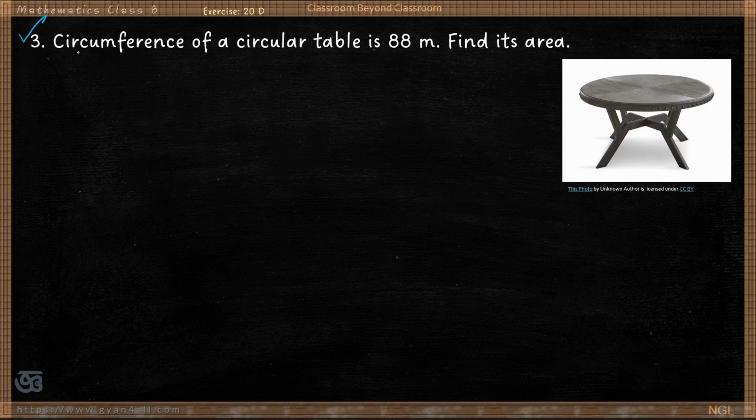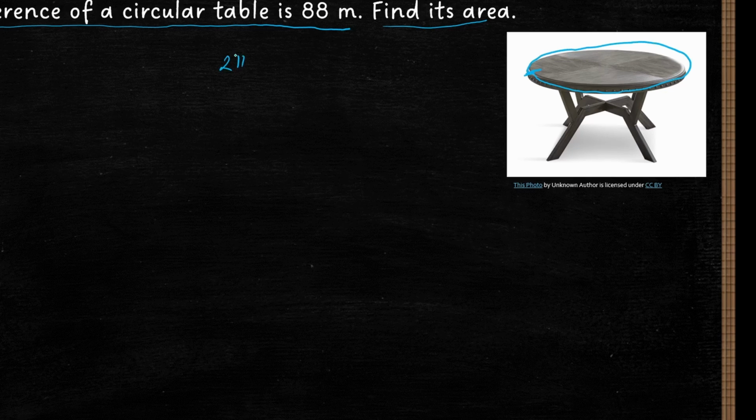Question number 3. The circumference of a circular table is 88 meter. Find the area. So this is the circular table, and if you go around the boundary of the table, that is the circumference. So twice pi r, where r is the radius of the circle, is equal to 88 meter. Therefore 2 multiplied by 22 divided by 7 into r is equal to 88 meter.